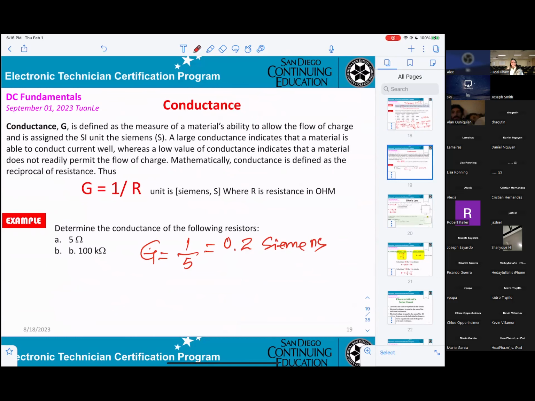That means if they give you the value of a resistor, you can calculate the conductance.